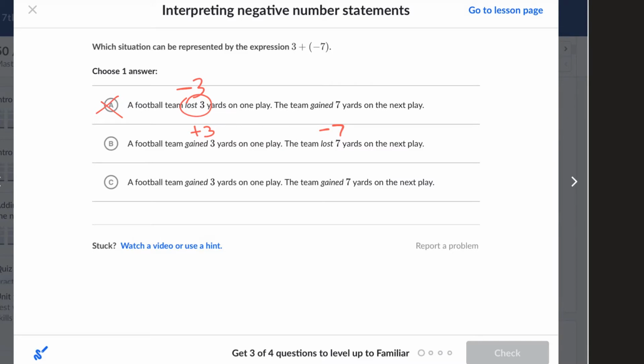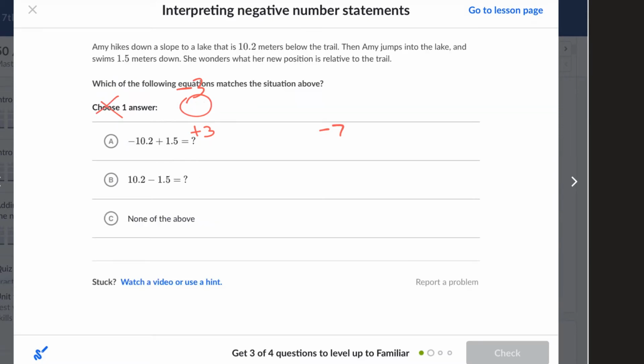All right, let's try another. Oop, I gotta erase stuff. Okay. Ooh, this one has a lot of words to it. Amy hikes down a slope to a lake that is 10.2 meters below the trail. Well, if it's 10.2 meters below, that word below is going to tell me that that's negative 10.2 meters.